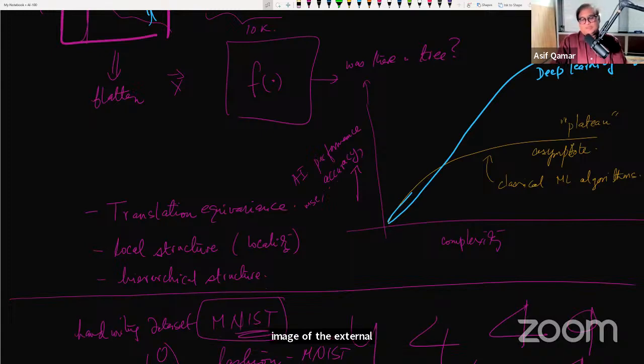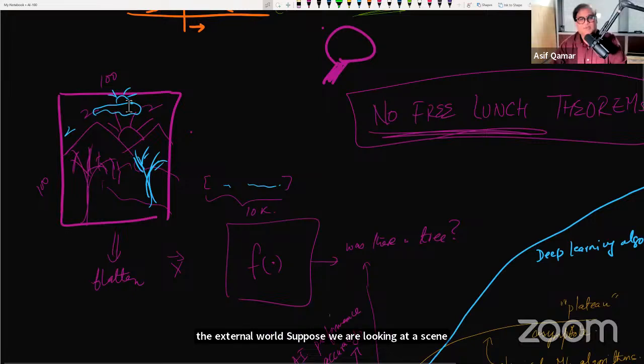And thus arose, from that, after a lot of thinking, people realized that there is something. If you're looking at the external world, suppose you're looking at a scene, like we took the example of the scene, the sun could be here over the cloud, or it could be rising over the hill. In either of the two situations, we would still recognize it as a sun.